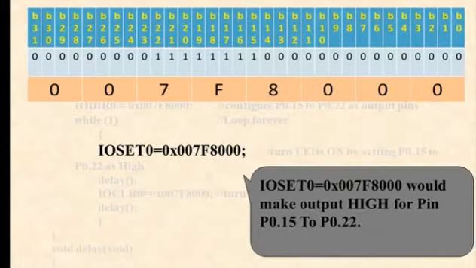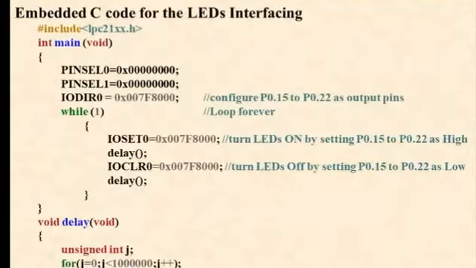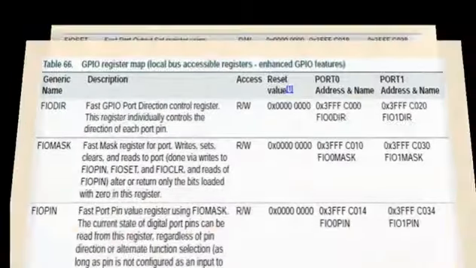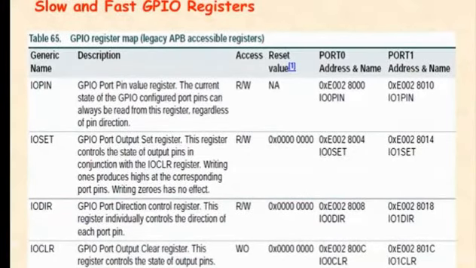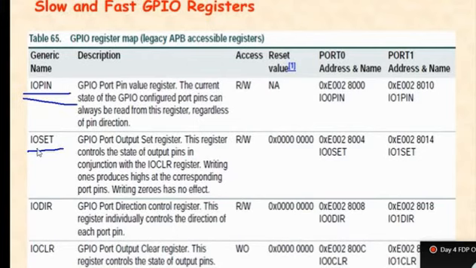If you see the instructions, this table is very important. If you understand this table, you can write the code. IOPIN: using this you can read the data. IOSET: using this instruction you can set that pin, and writing 1 produces high at the corresponding pins, writing 0 has no effect. So this is very important, writing 0 has no effect.